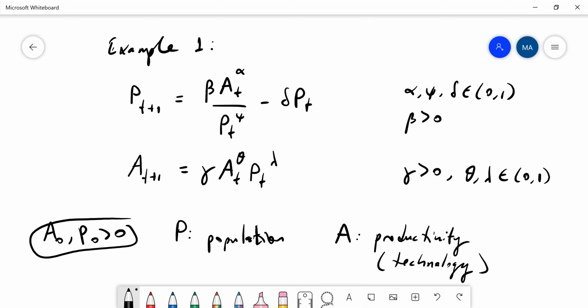Now, the first thing of course you're going to ask is whether there is a steady state, right? Then you're going to ask, is it possible that there could be more than one steady state? That's also interesting. And then for each of these steady states, you again ask about stability. But since it is not a scalar system, you have to be careful with the dynamics in a system, right?